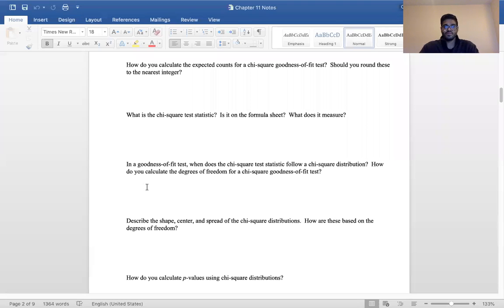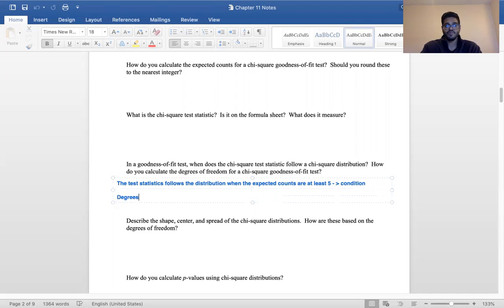In a goodness of fit test, when does the chi-square test statistic follow the chi-square distribution? The test statistic follows the distribution when the expected counts are at least 5. So this is a condition.